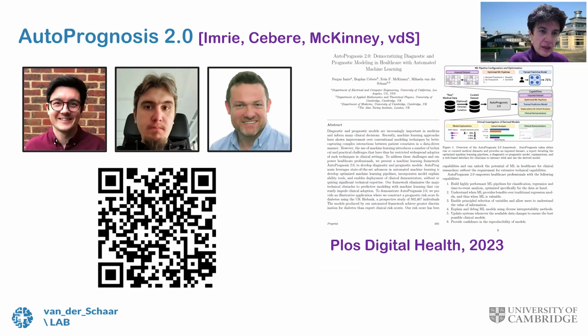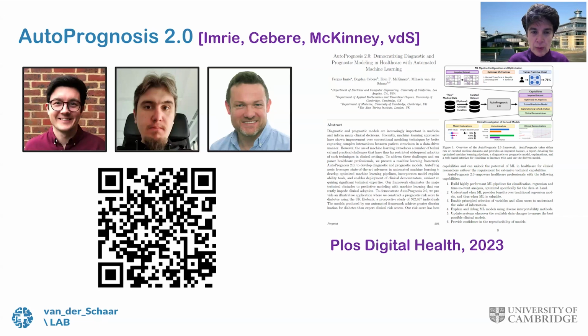So in Autoprognosis 2.0, my former postdoc, Fergus Imrie, joined forces with me and a clinical collaborator, Professor Owen McKinney, to really think together with him how such a tool would be used in practice. This project also benefited from an excellent machine learning engineer, Bogdan Cevere, who also improved significantly the code base beyond what we were able to do in the initial Autoprognosis.